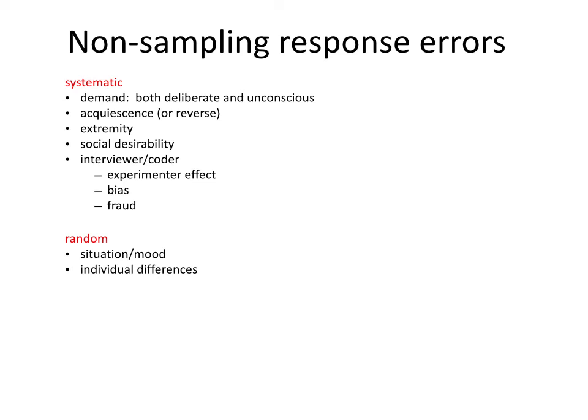There are also random factors that affect the way people respond to questions. The situation or the mood. Mood is by definition a temporary condition, and there's good evidence to indicate that when people are in a good mood, they tend to be generally more positive and more approving in the way they answer questions, and when they're in a bad mood, they tend to be less so.